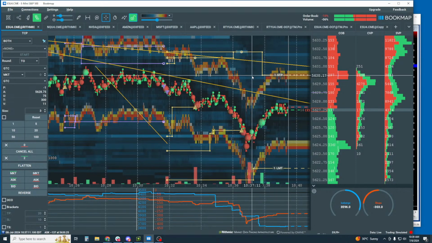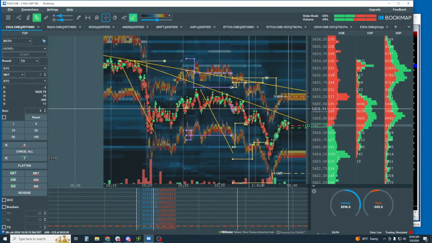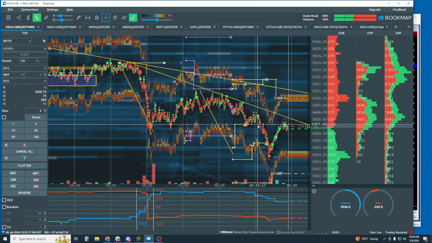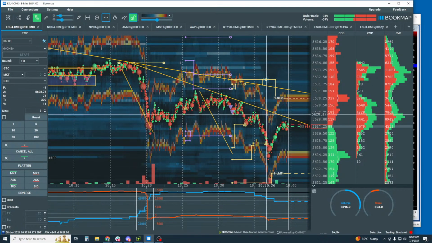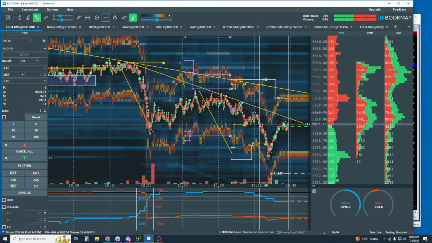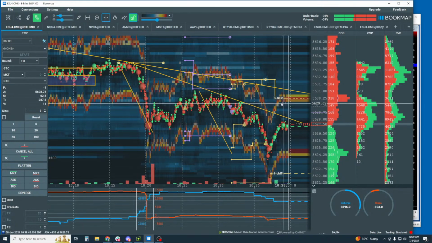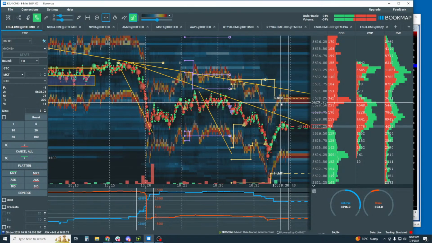Okay, so right now we're getting this retest back up to here. This was what we were looking for, a retest back up to here. Now, are we ready for a reversal? Well, I don't see it yet.